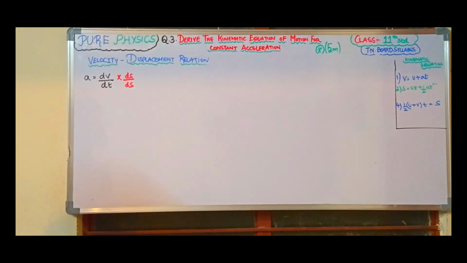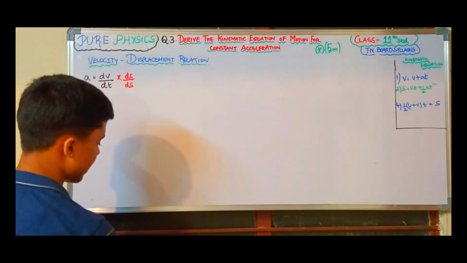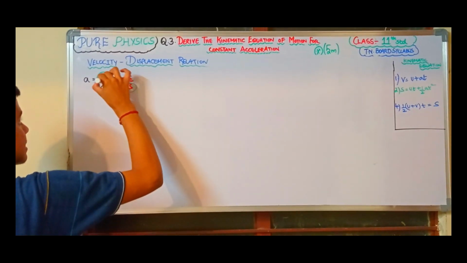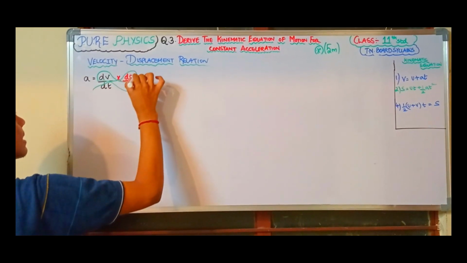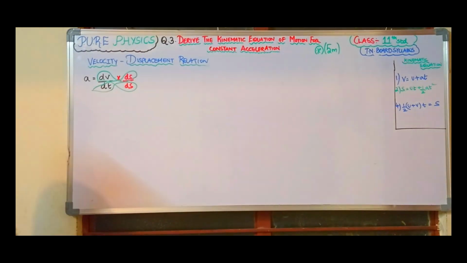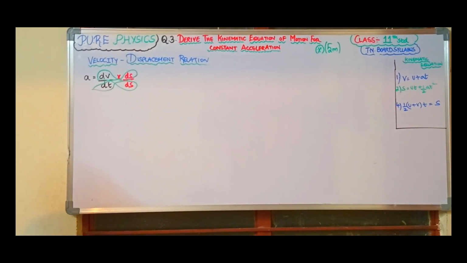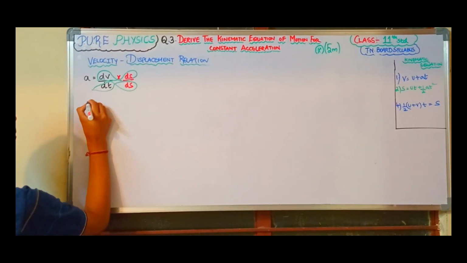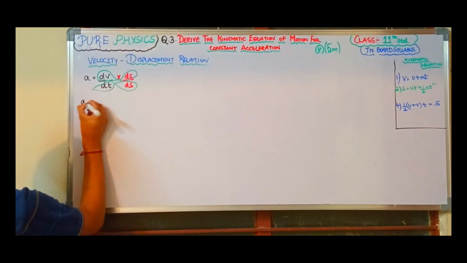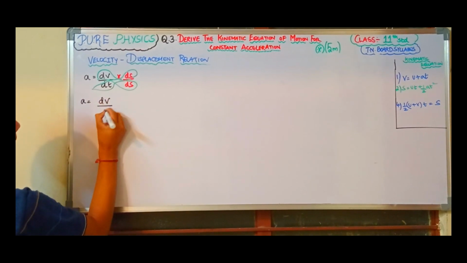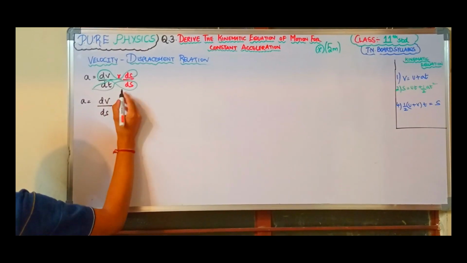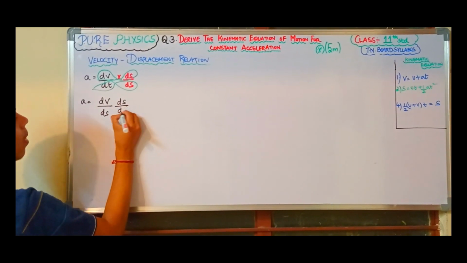Now I'm going to cross divide it, that is, I will divide dv by ds and I will divide ds by dt, which will give me a is equal to dv by ds into ds by dt.